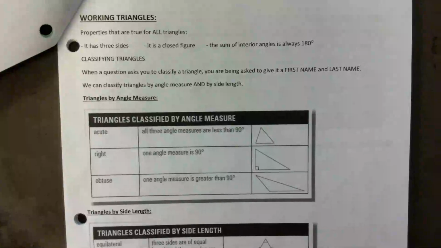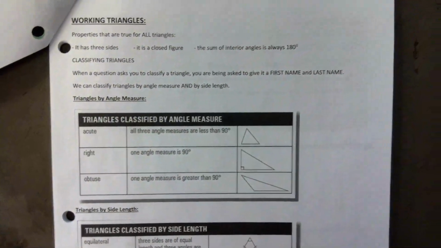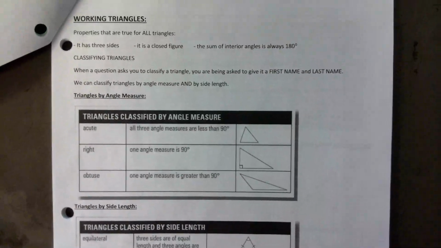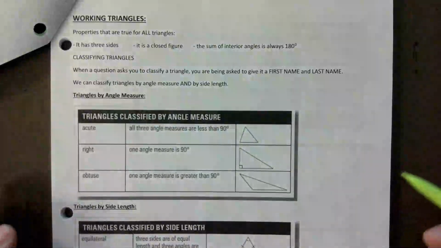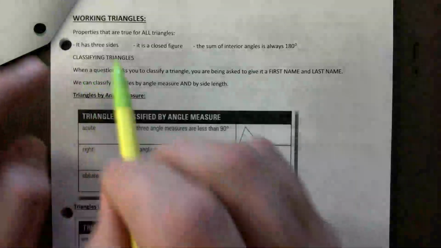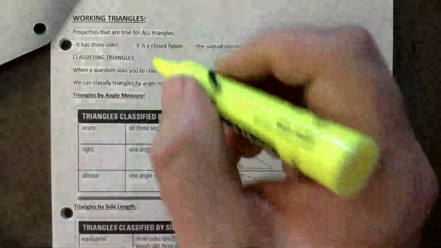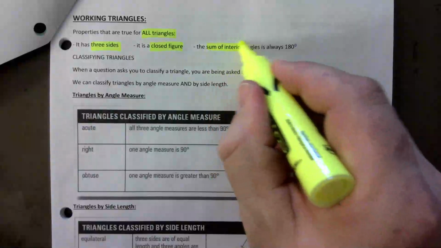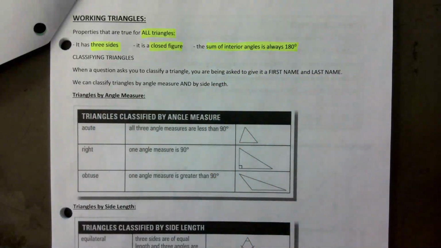This is what today's is all about. It's not new, but go to page 6 here. Working with triangles. Naming triangles, okay? I want you to know that all triangles have 3 sides, is a closed figure, and the sum of interior angles is always 180 degrees.